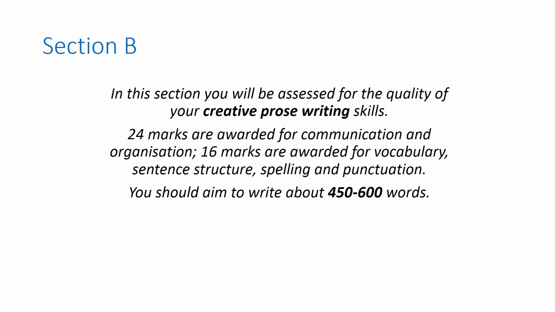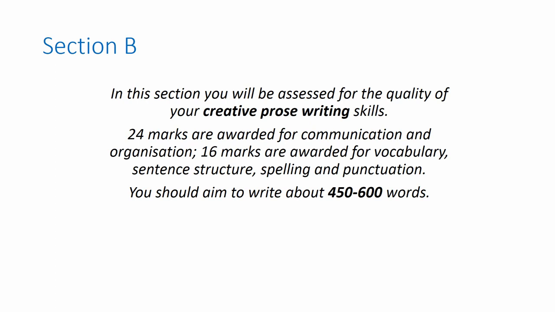So as I said before, it's Educast. This is the exam board that we are looking at today, component 1 and section B. So in this section, you will be assessed for the quality of your creative prose writing skills. It's 24 marks for your communication and organization, so the AO5 criteria of the mark scheme, but 16 marks for the SPAG criteria, so the AO6.